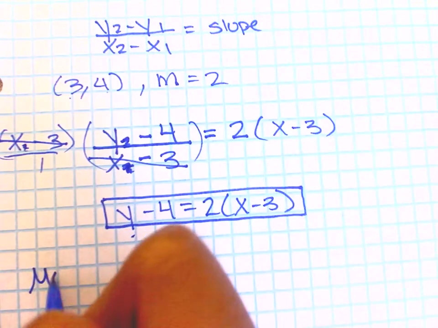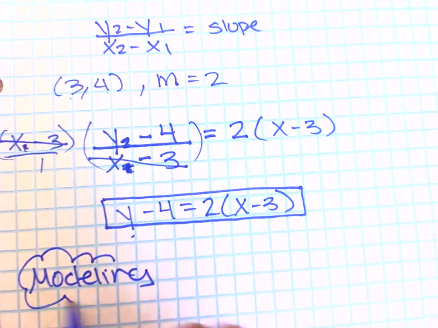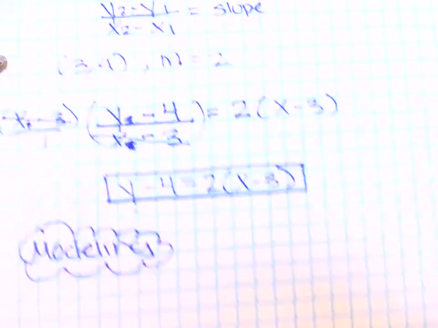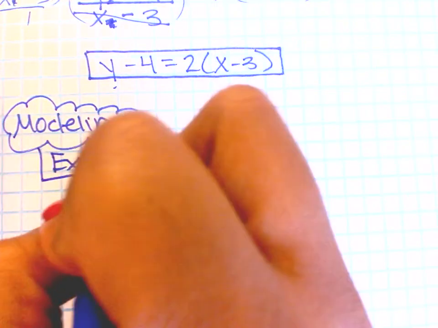Okay, let's go to modeling, because I gave you an example in input. And I'll show you how they're going to ask you these questions for homework and on your test. Here's example 1.